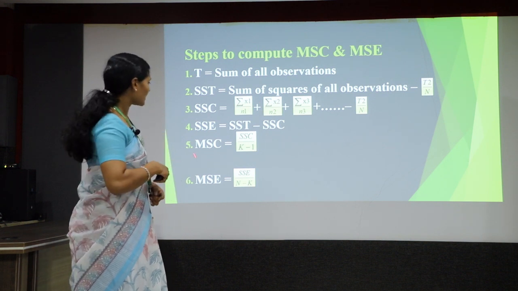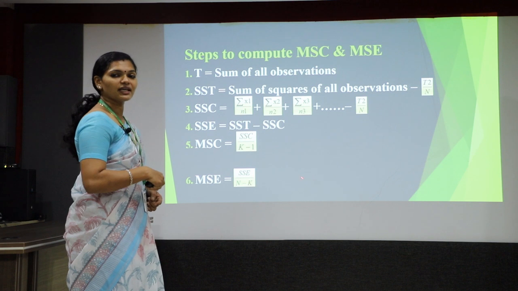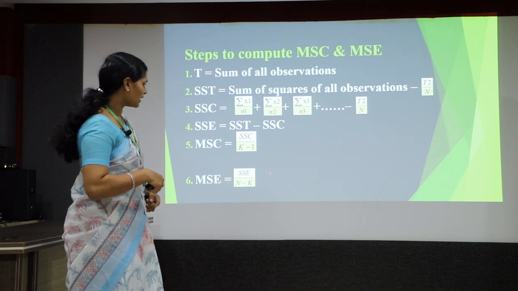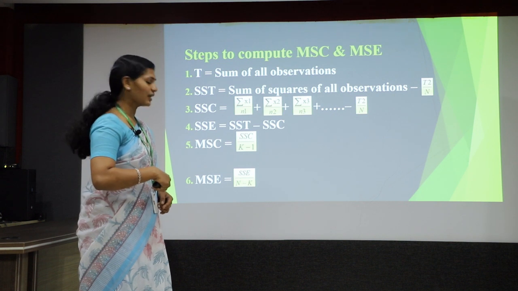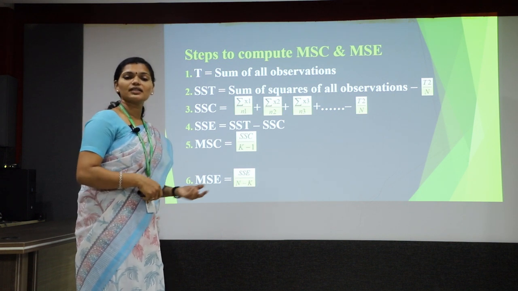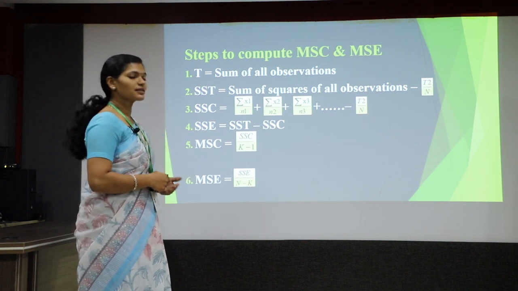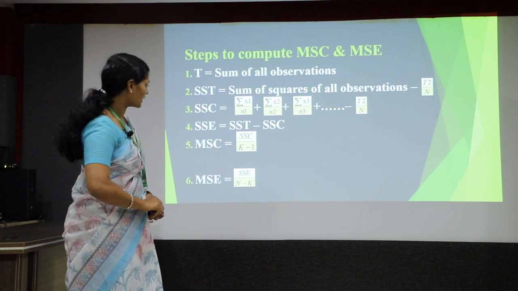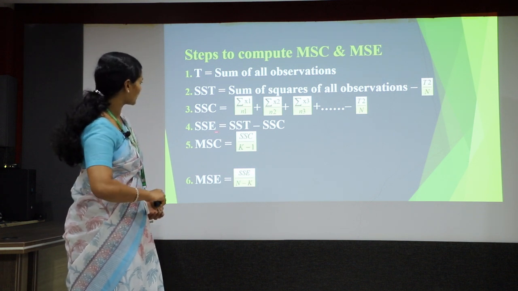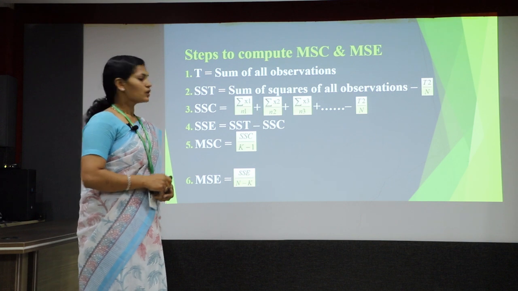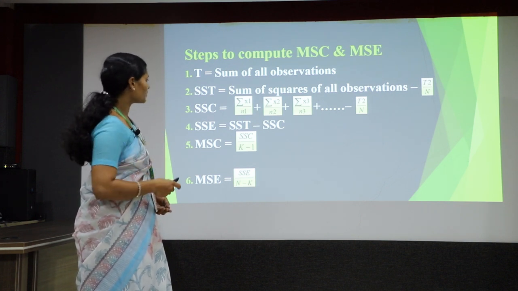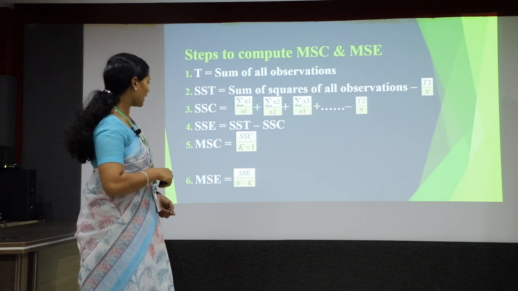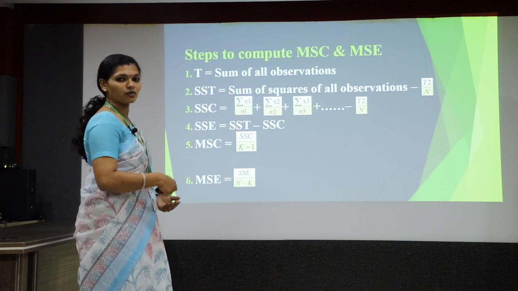The next is MSE. MSE is equal to SSE divided by N minus K, where N is the number of observations and K is the number of columns. The numerator SSE we have already calculated in the previous step. In this way we can calculate the two terms for the F ratio, mean square between sample and mean square within sample.